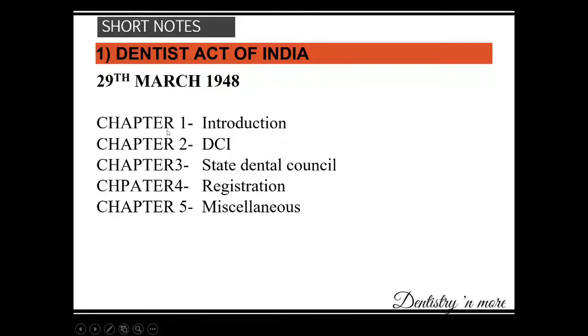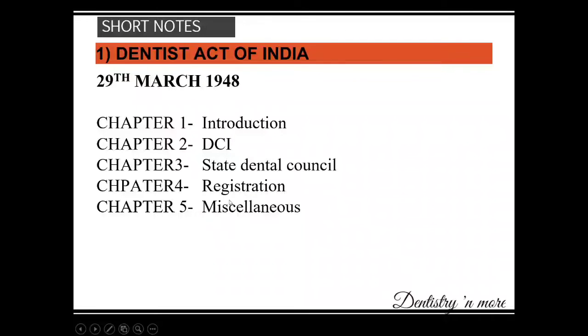They are Chapter 1, Introduction, which says about who is a dentist, who is a dental hygienist, who is a dental mechanic. Chapter 2 is the most important one, that is Dental Council of India. It alone can be asked as a short note. Chapter 3, the State Dental Council.